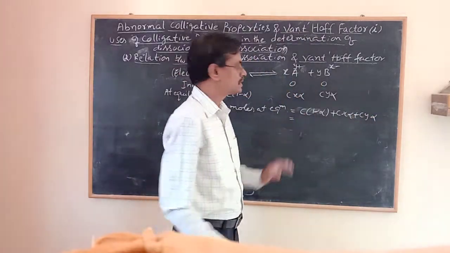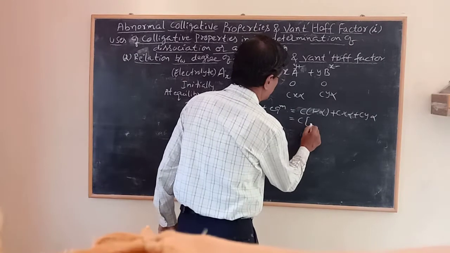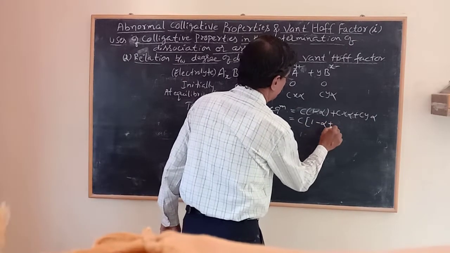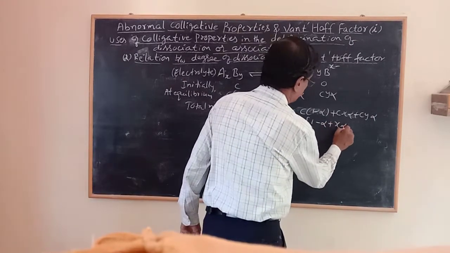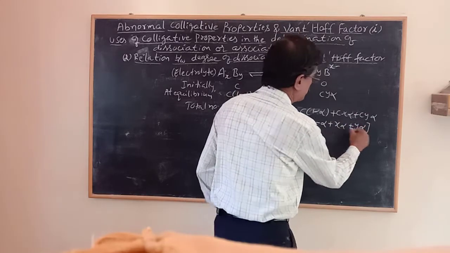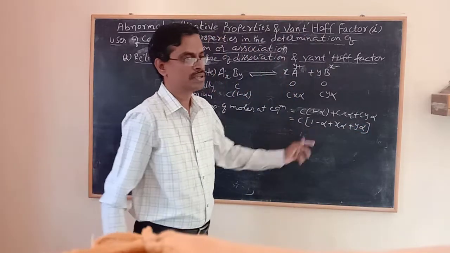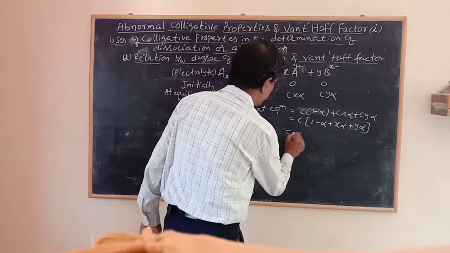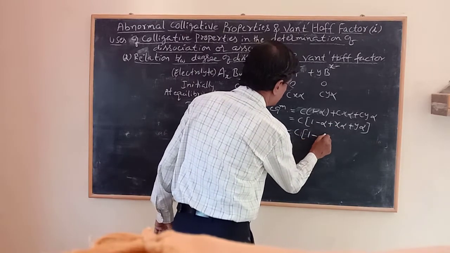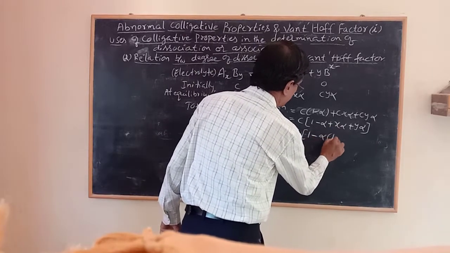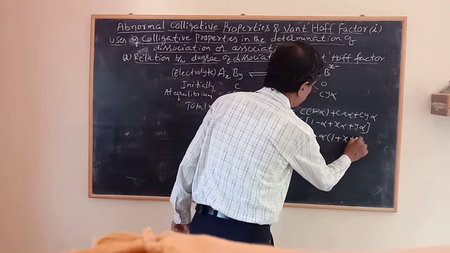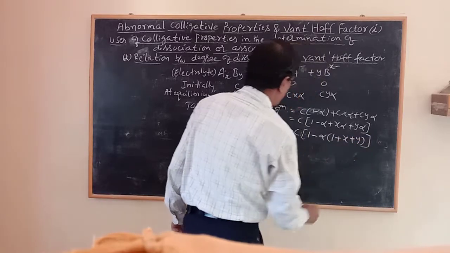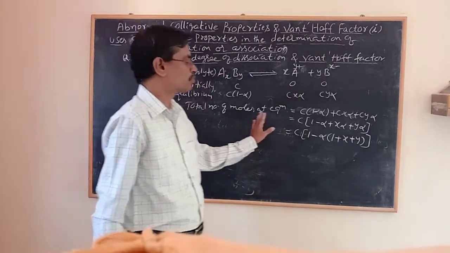In all these terms, C is a common factor, so take C common: 1 minus alpha plus x alpha plus y alpha. Again, alpha is a common factor, so we can take C into 1 minus alpha, plus x plus y. These are the total number of moles at equilibrium.